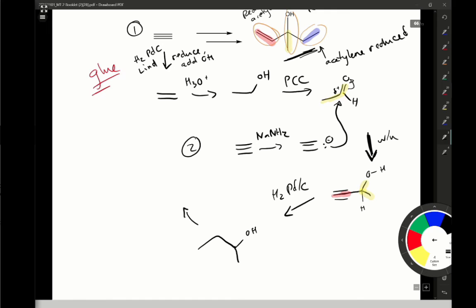So let's use PCC again. Nice, we made a good thing to glue. Now we've already shown how we're going to make the acetylide, so we don't have to do that again.